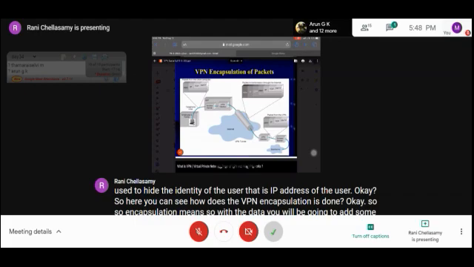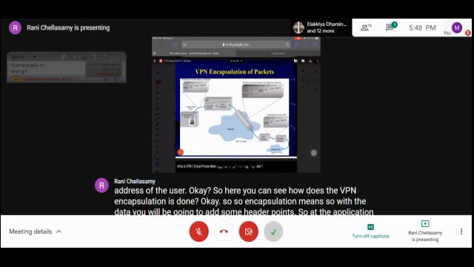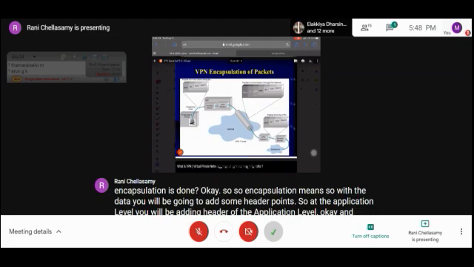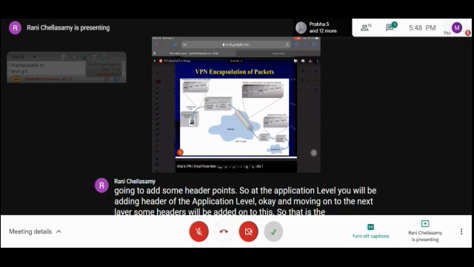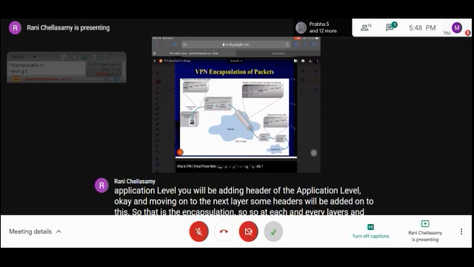Moving on to the next layer, some headers will be added onto this. That is the encapsulation. At each and every layer in the OSI model, some header part will be added to the original message. That is called encapsulation.